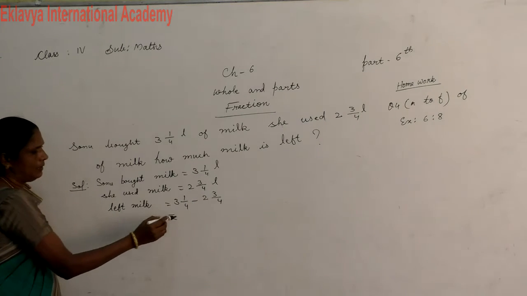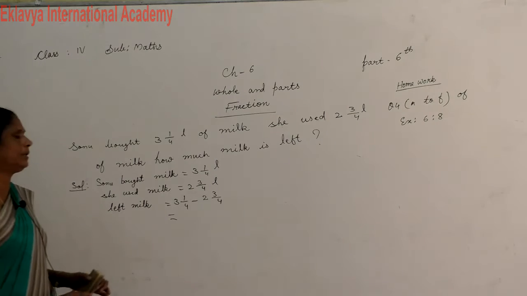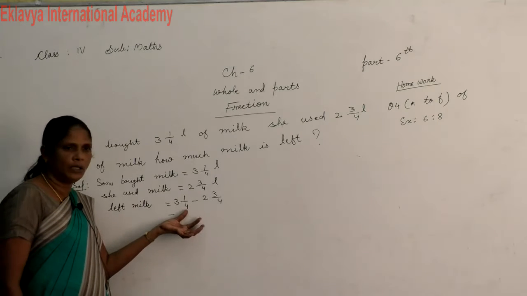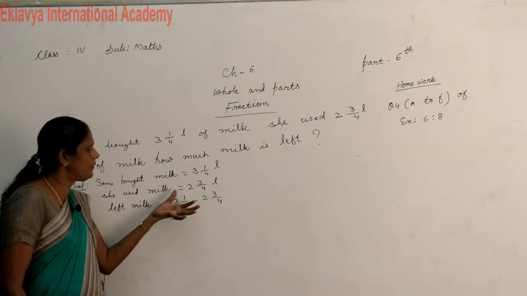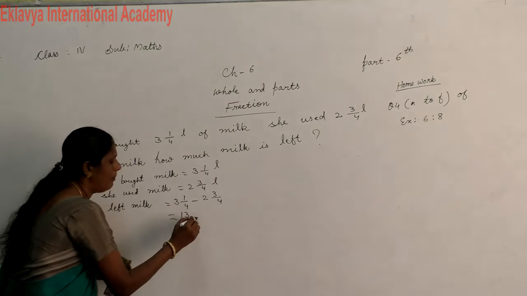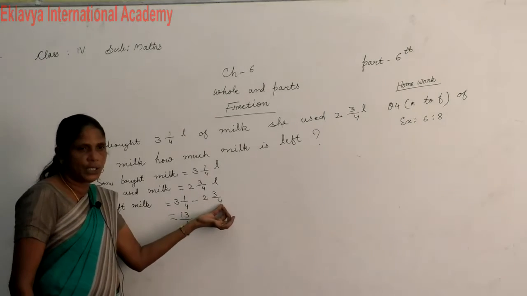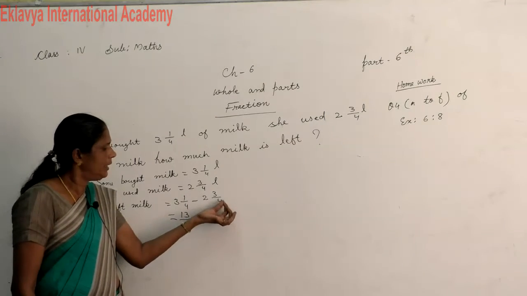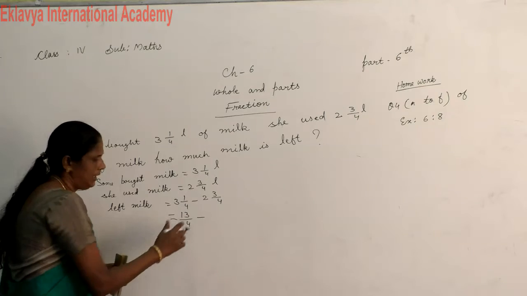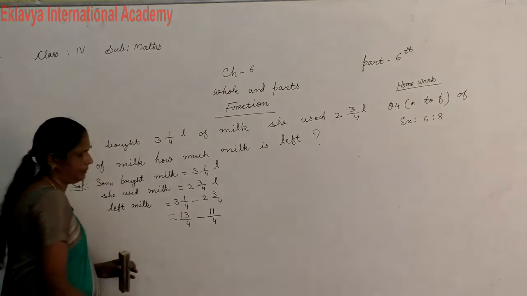First you convert mixed into improper. 3 4s are 12. 12 plus 1, 13. 13/4 minus 2 4s are 8, 8 plus 3, 11, 11 by 4.